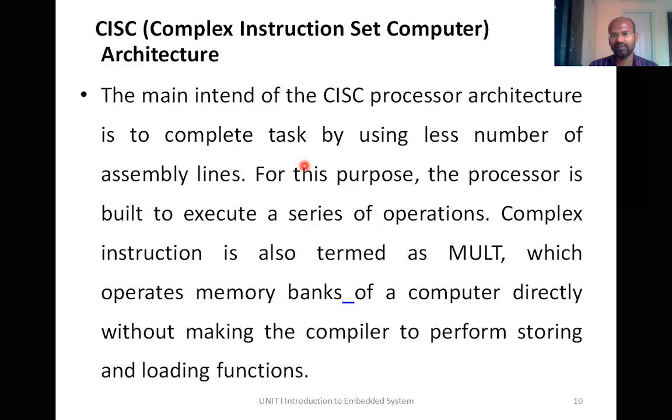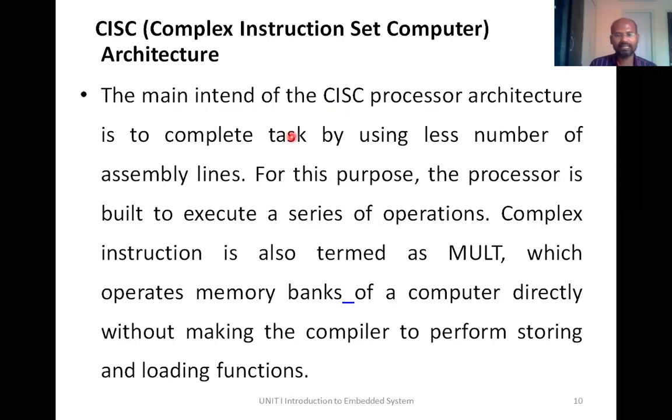We want to add two numbers present in two memory locations and store the result back to another memory location called A. How do you write the program for that? If you are using CISC, because CISC instructions can directly access memory contents, you can write add with the first operand the address of one location, the second operand the address of another location, and the third operand also an address of another location. With one instruction, you can do it.